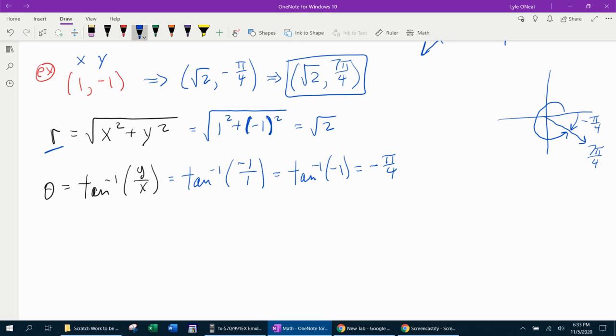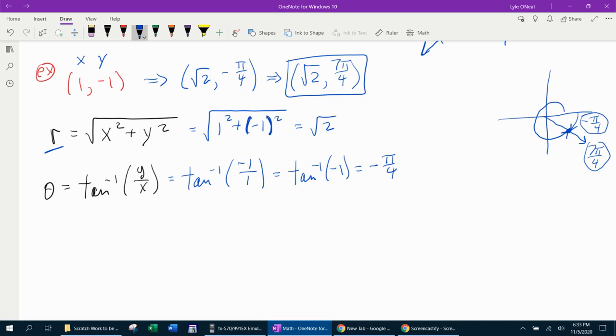And if you think about it, those are both correct because they will plot in the same spot. Since the radius is positive, square root of 2 is about 1.4. That's going to be about 1.4 units into quadrant 4 in the direction of negative pi over 4, which is equivalent to 7 pi over 4.